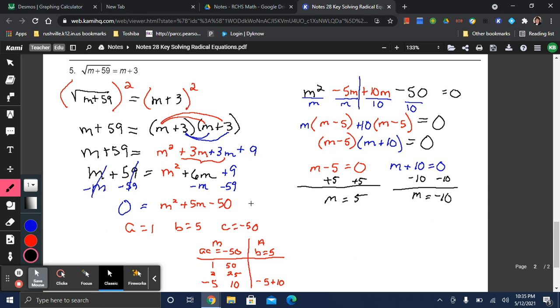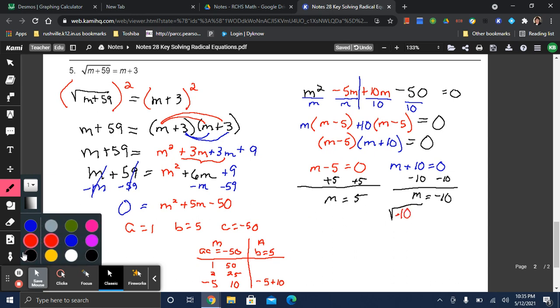So I'll show that here on the paper. When we plug in the negative 10 plus the 59 inside the square root, that does not equal when we plug in the negative 10 plus the 3.